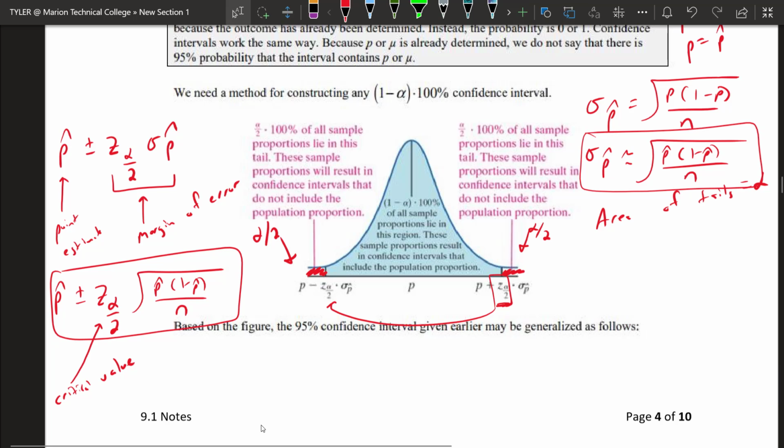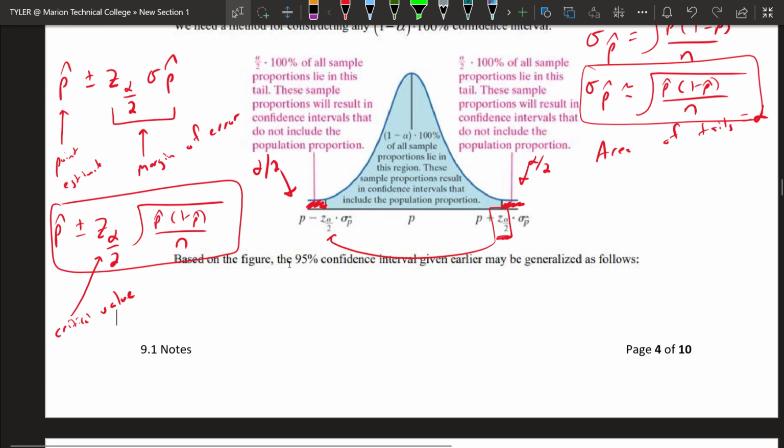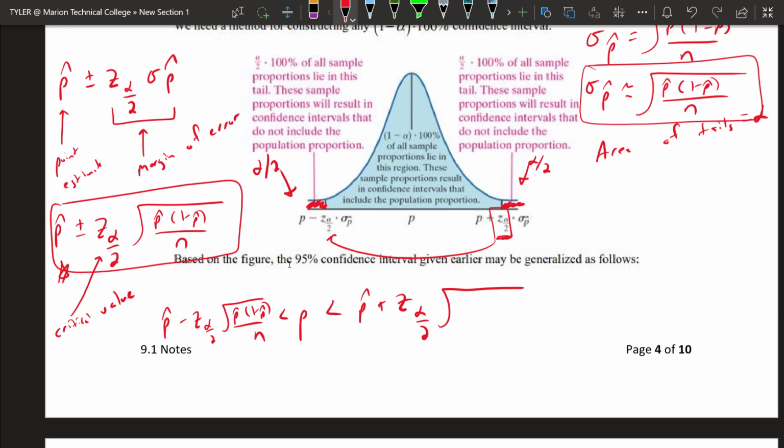So then if you wanted to show this as an interval, you could take this value here and write it as p is going to be in between p hat minus z sub alpha divided by 2 times the square root of p hat times 1 minus p hat divided by n, and p hat plus z sub alpha divided by 2 times the square root of p hat times 1 minus p hat divided by n.